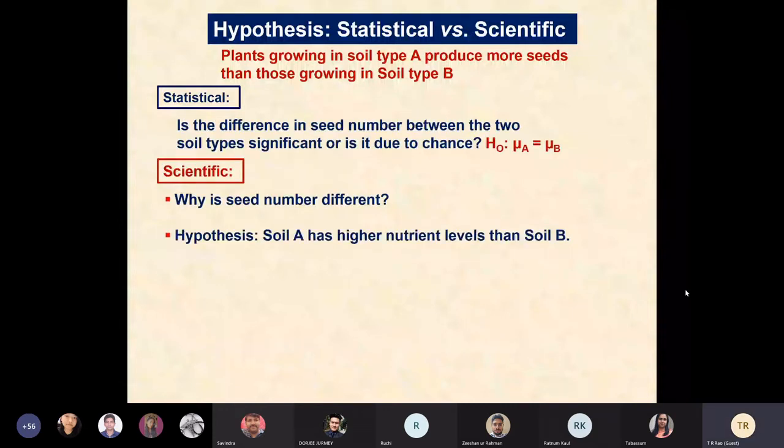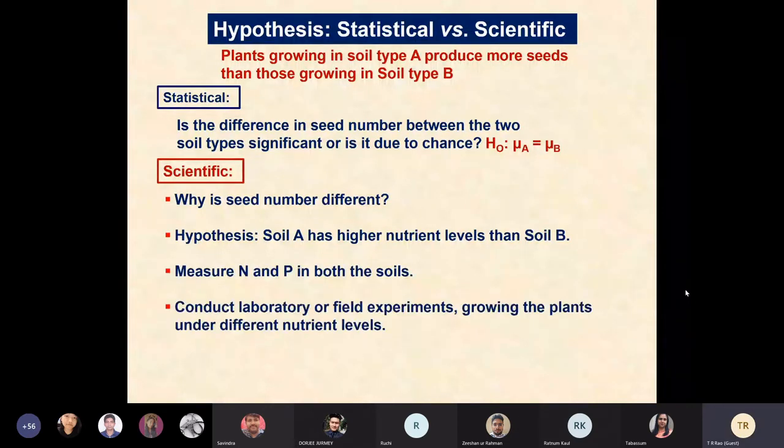So we ask these questions. So it gave you some idea that seed number could be different because the nutrient levels are different in these two soils. So you can conduct an experiment with different levels of nitrates and phosphates in your soil, in your laboratory, and growing them. Then you prove the point.